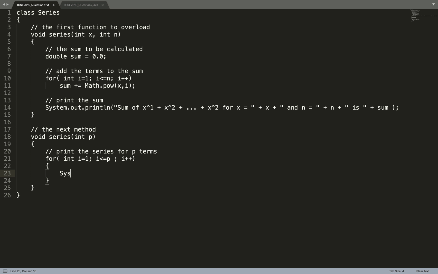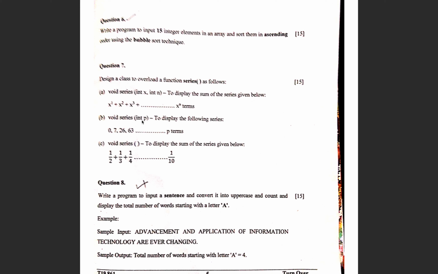System.out.print i into i into i minus 1, plus space. And yes, so this is the series for p terms.